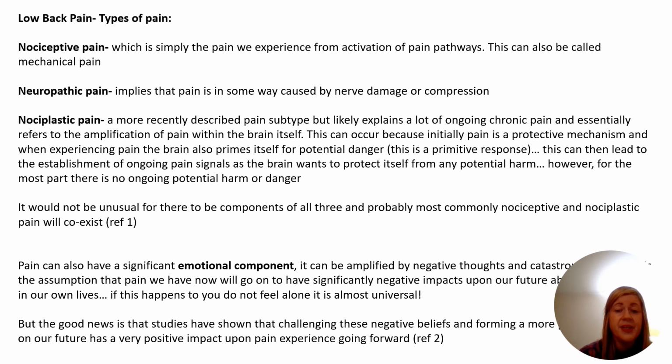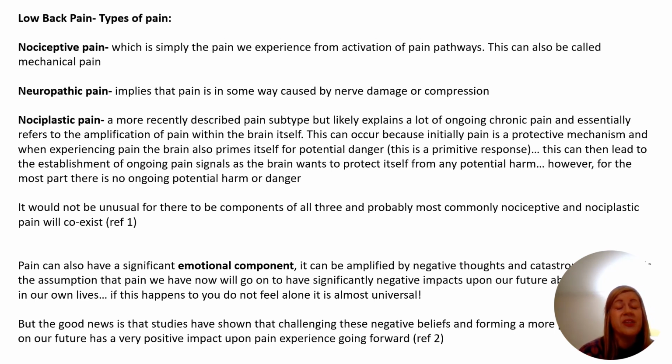It can occur because pain is initially a protective mechanism, and when you are experiencing pain, the brain is priming itself for potential danger, but this can lead to the establishment of ongoing pain signals as the brain wants to protect itself from potential harm.